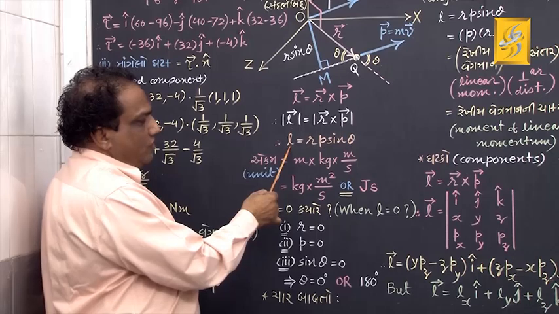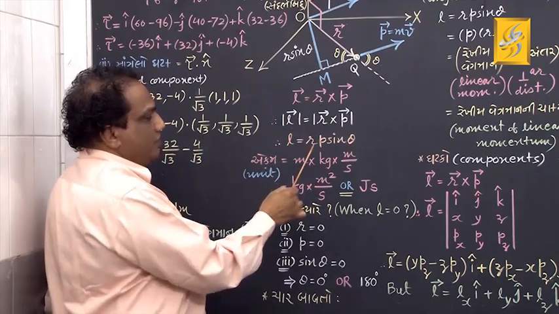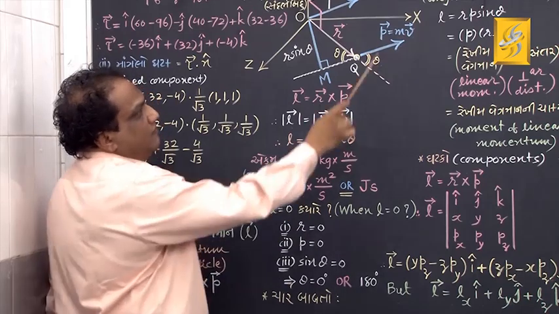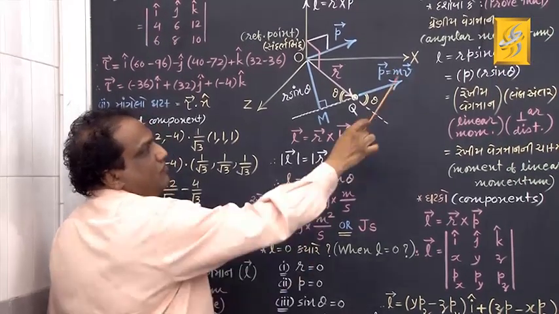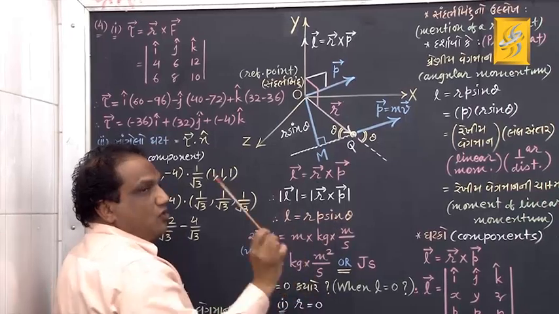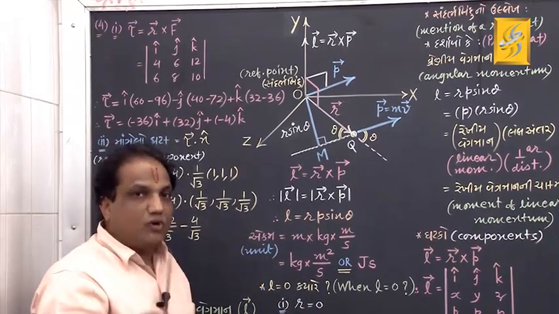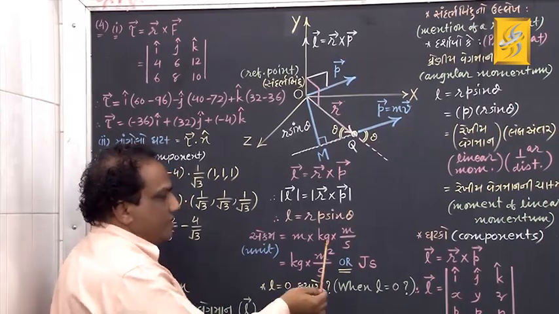SI unit of angular momentum: you can write the SI units of all these quantities. For distance, meter. For momentum, that means mass into velocity, unit of mass is kilogram. For velocity, you know it is meter per second. Whether it is sin theta or cos theta or tan theta, in short any trigonometric function has only a numerical value, has no unit. Fine. Now simplify.